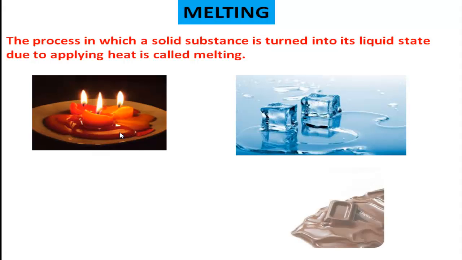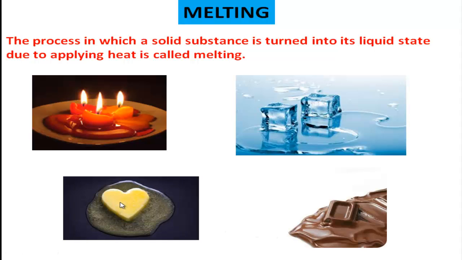Follow another picture. Here chocolate is melted. We know that when our atmospheric temperature increases, this type of chocolate melts, isn't it? Here also this is a physical change, because this chocolate just turns from solid to liquid state, and physical properties or chemical properties are not changed here.